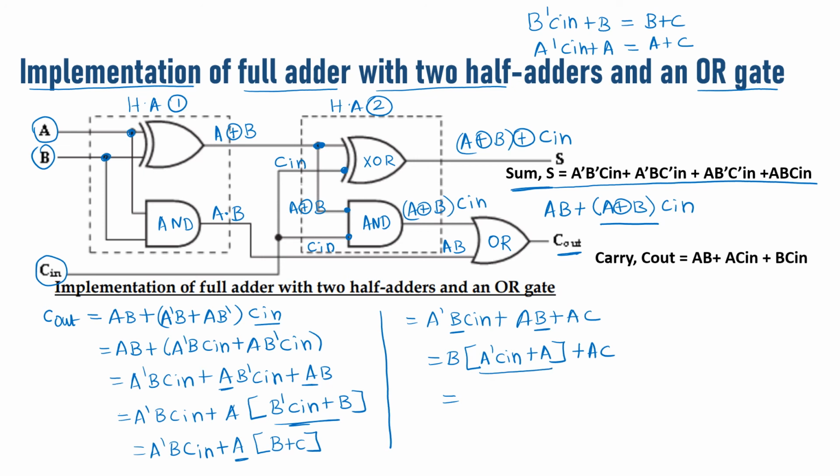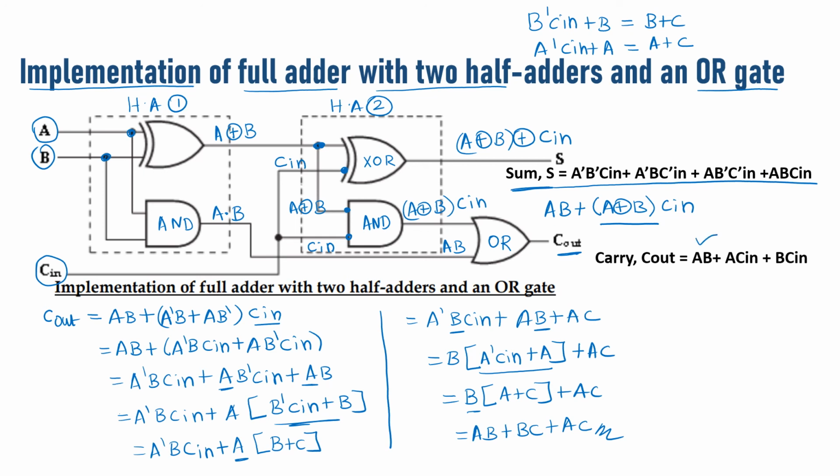So here I can redo this as B into A plus C in plus AC in. Further, if I expand this, multiplying B inside, AB plus BC in plus AC in. So this is the final output for this.